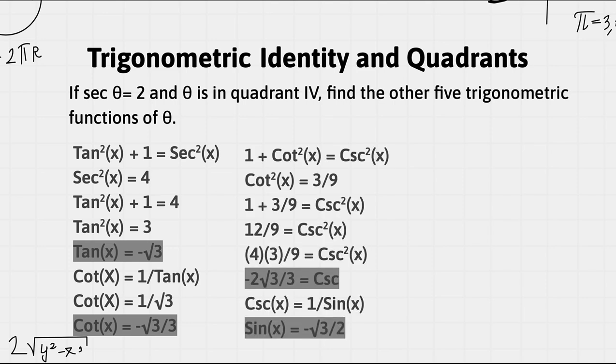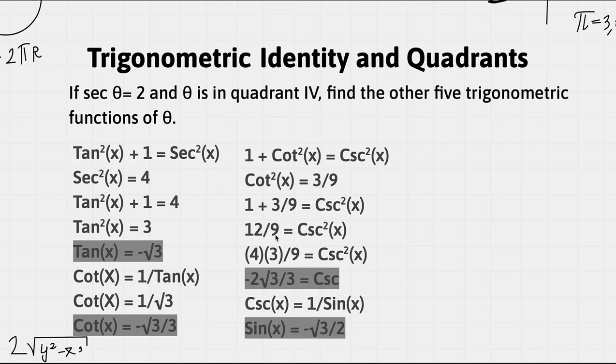The next thing we can do is use our cotangent to find cosecant. If we square our cotangent, we get 3 over 9. Then we can plug that into our equation: 1 plus 3 over 9 equals cosecant squared.